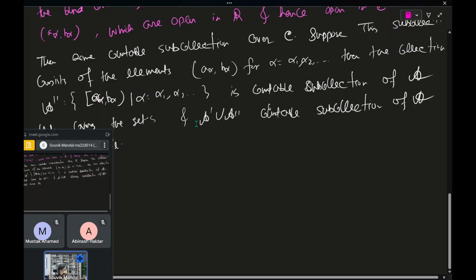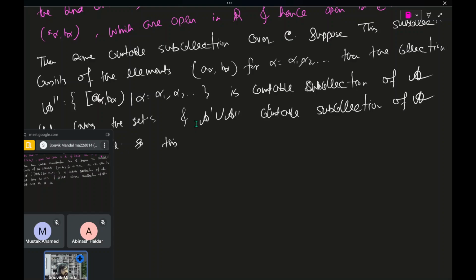So this tells us that R with the lower limit topology is linear.